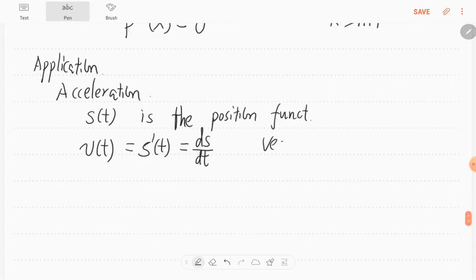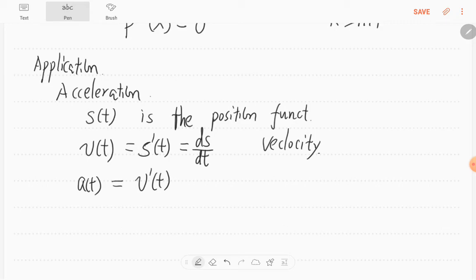This is the velocity. The acceleration a of t is the rate of change of the velocity, describing how the velocity changes, so it is the derivative of v.